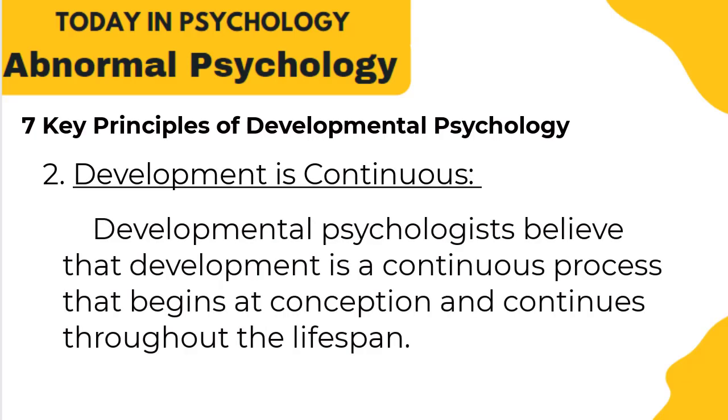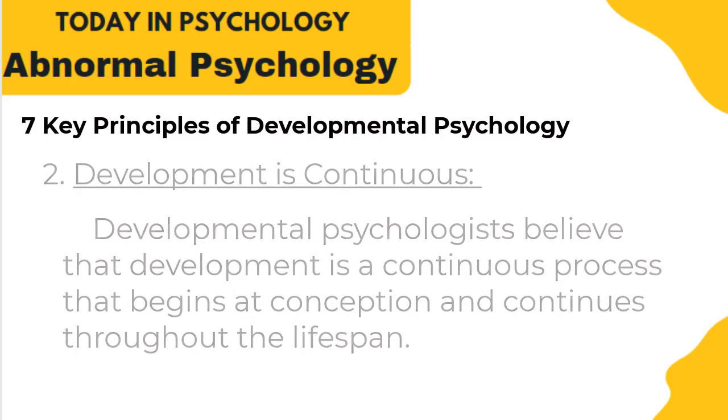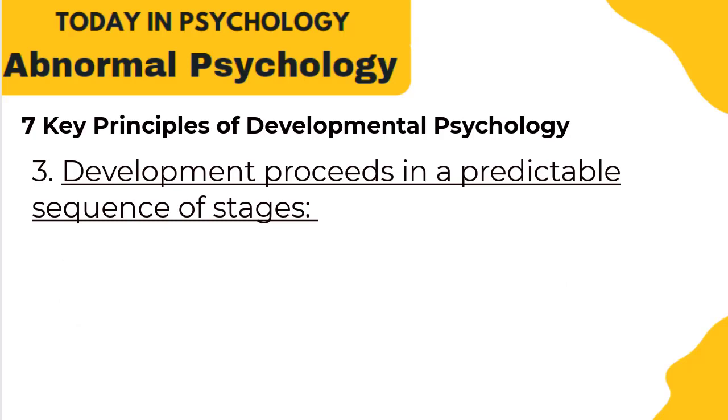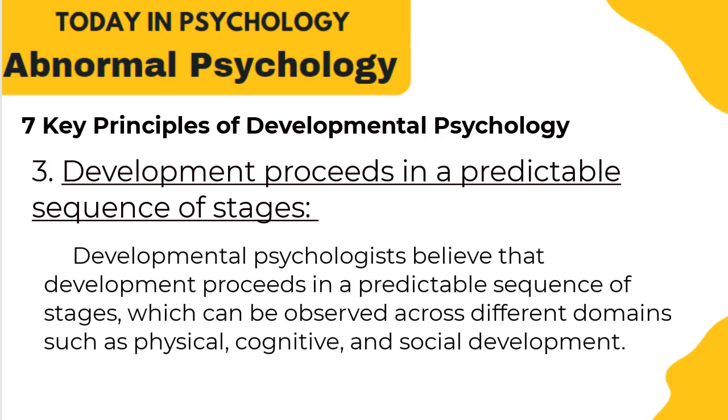Developmental psychologists believe that development is a continuous process that begins at conception and continues throughout the lifespan. Development proceeds in a predictable sequence of stages. Developmental psychologists believe that development proceeds in a predictable sequence of stages, which can be observed across different domains such as physical, cognitive, and social development.